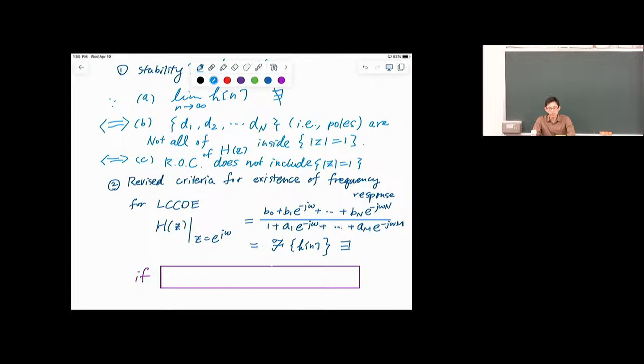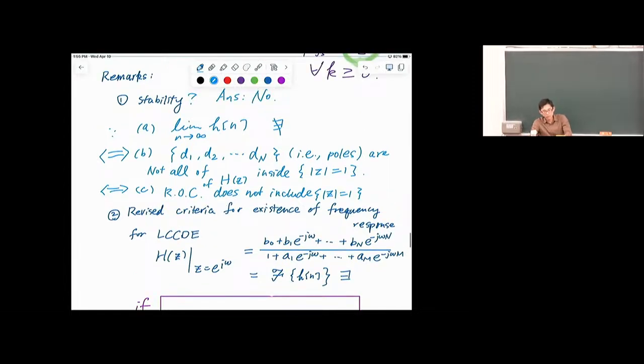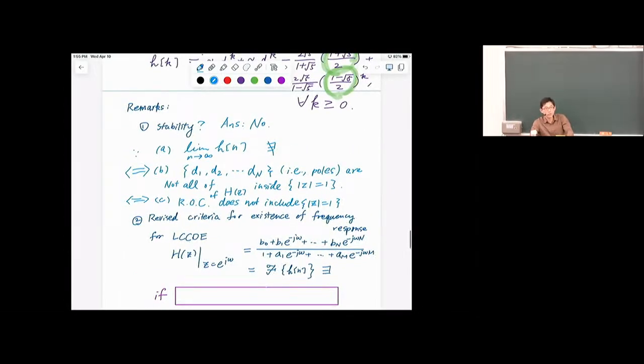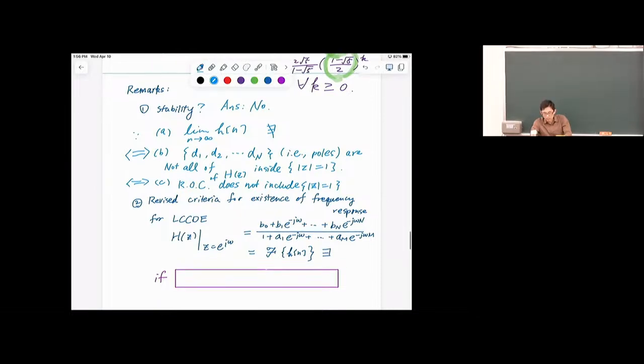So these are 3 equivalent statements. They imply each other. With the system being unstable, some of the poles may be located not inside the unit circle, maybe on the unit circle, by the way. But here we don't have to worry about that. Not all of them are inside the unit circle, and so the region of convergence does not include the unit circle.